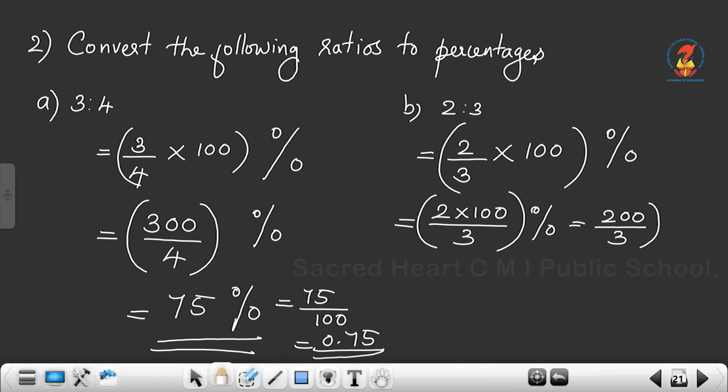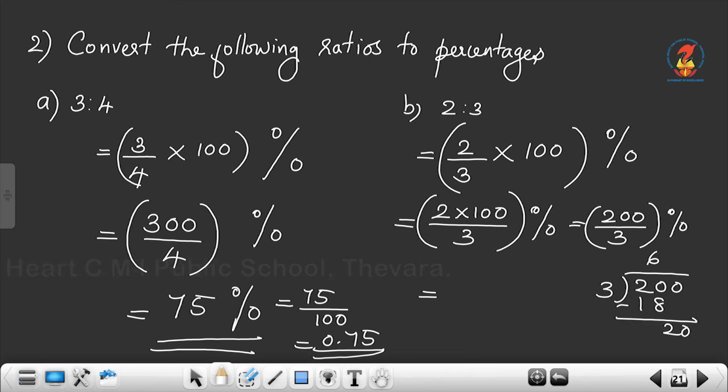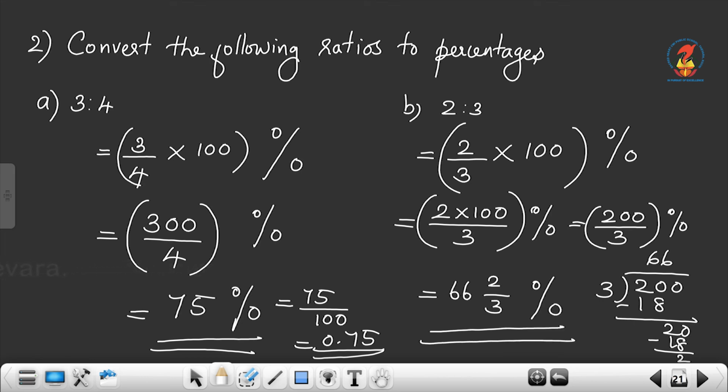Then what is 200 by 3? 200 divided by 3. Okay, so we can write it as 66 and 2 by 3%. So 2 is to 3 is 66 and 2 by 3%.